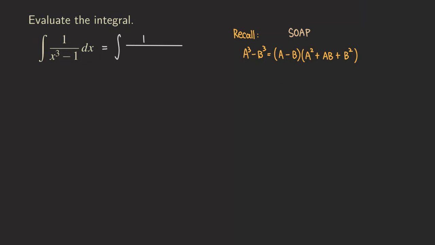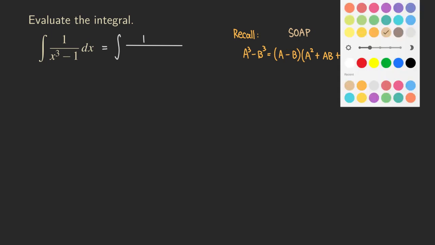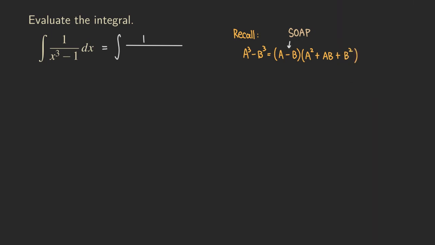Okay, you may say, what is that, right? So the SOAP means the same sign, right? Actually, let me use a different color so that it's easier to see. So the S stands for the same. So same sign, and then opposite sign. So we put the opposite sign right here. So same sign as this one, okay?